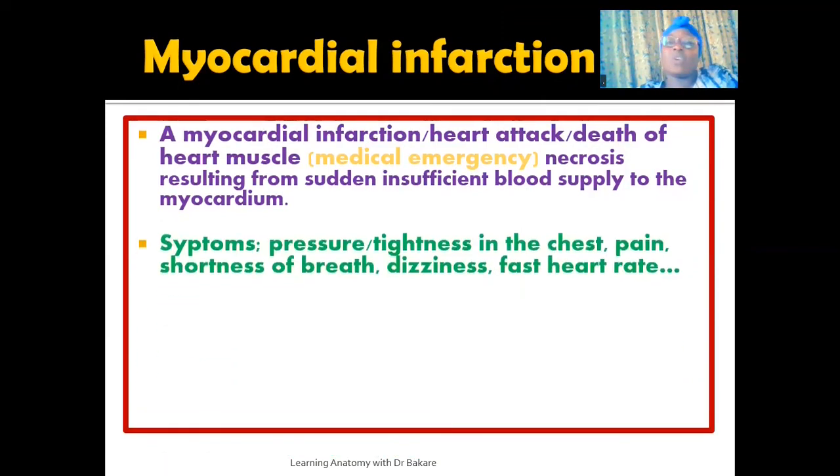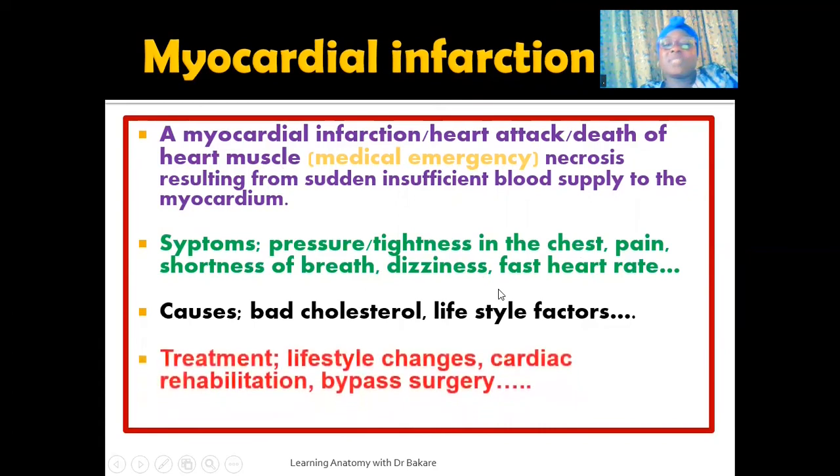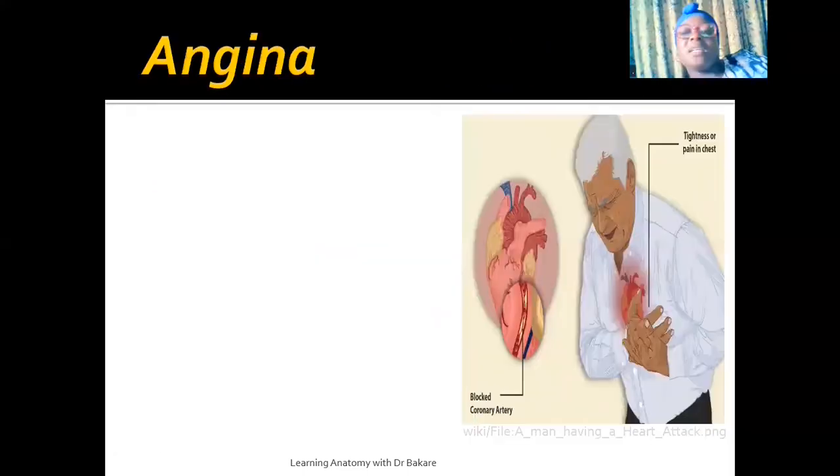When this occurs, the symptoms that will be experienced include pressure or tightness in the chest. There could also be pain, shortness of breath, dizziness, fast heart rate, and so on. The causes include bad cholesterol and lifestyle factors. Treatment will include changes in lifestyle, cardiac rehabilitation, or bypass surgery.